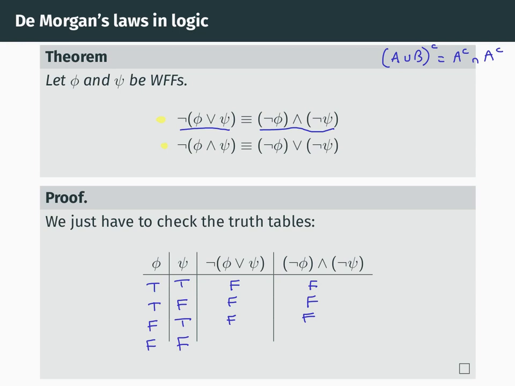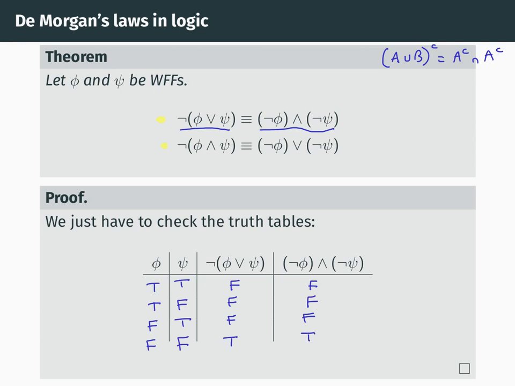But finally, if we look at the last row here of our truth table, when both phi and psi are false, well then phi or psi would be false, so its negation would be true. And looking at our second formula, not phi will be true, not psi will be true, so not phi and not psi will be true.